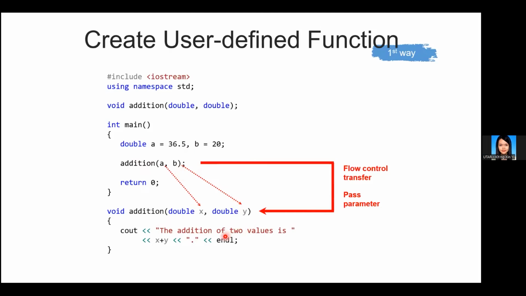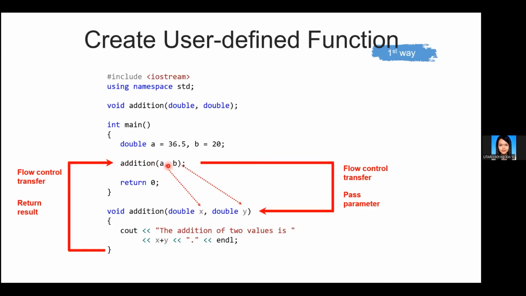Okay. Then once the control has been passed to the function and we are done passing down the values, the function will start to perform its job. It will start to execute the statements inside the function. Once the function does its job, the control will pass back to the main function. Either it will return an answer to the function caller here, and at the same time, it will pass the control back to the main function, the function caller.